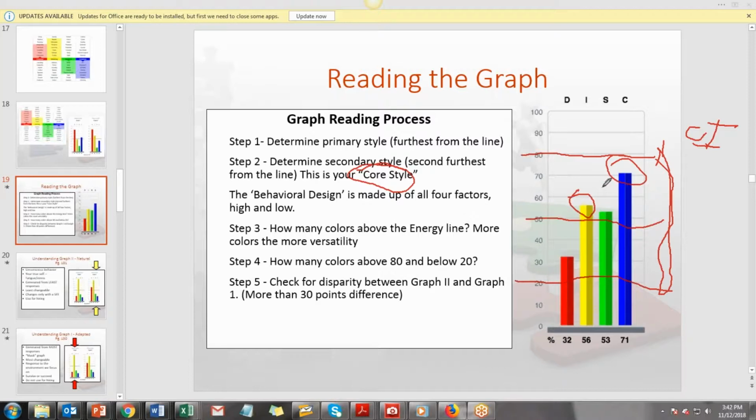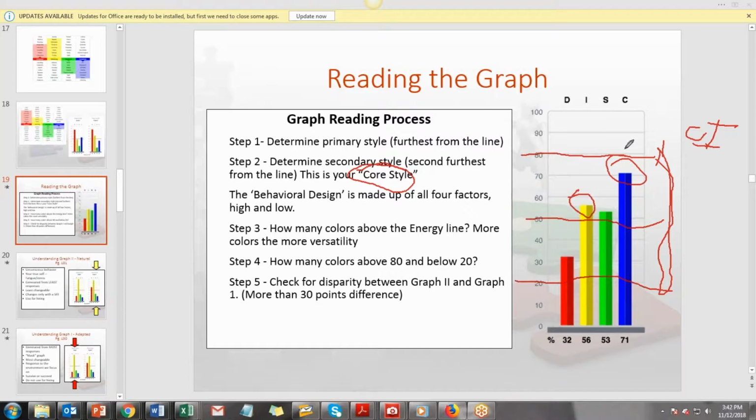They don't rock the boat. They're more stable. And those above 80 in any of the factors or below 20 means that particular behavior is stronger, more intense by its presence or its absence.